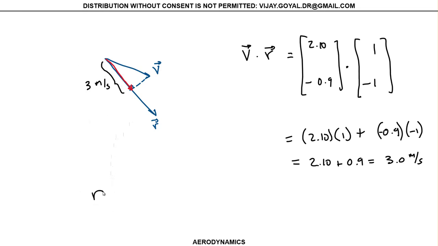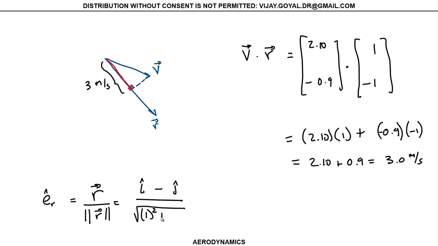How do I find the unit vector of R? Well, if I want to find the unit vector, then I have to take the magnitude of that. The vector was i minus j, and I'm going to divide this by the square root of 1 squared plus minus 1 squared. And that would give you 1 over square root of 2 i minus 1 over square root of 2 j.